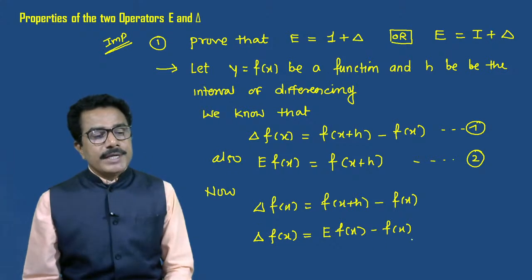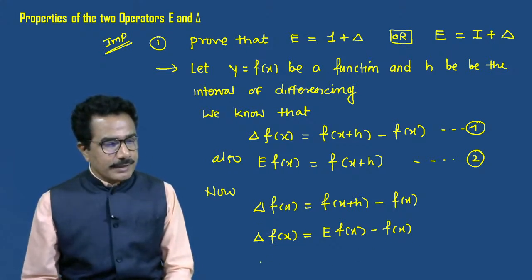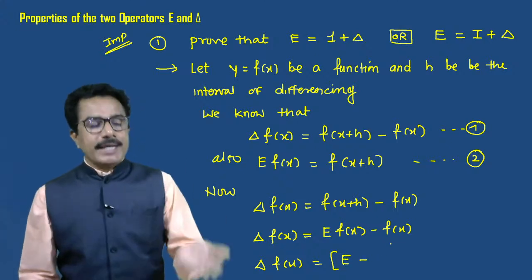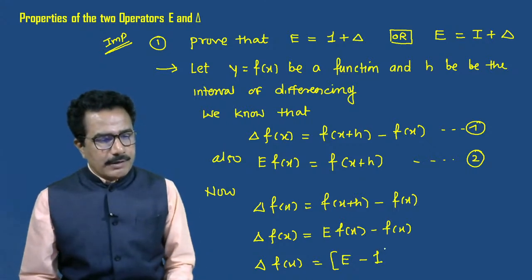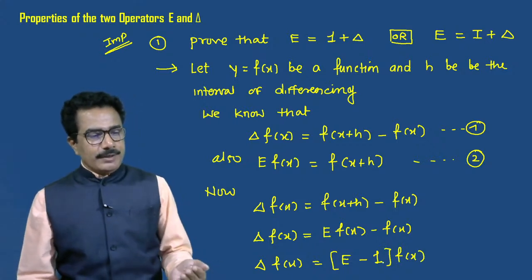See this, if we take the common f of x, then we get delta f of x equal to E minus I or 1 of f of x.